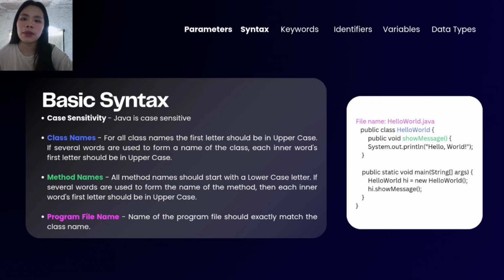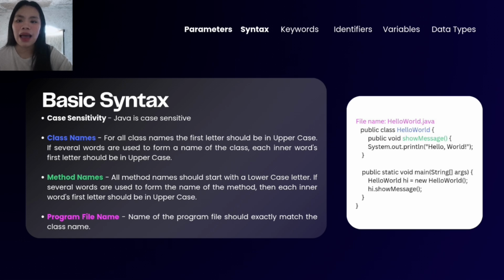So now let's talk about basic syntax. We all know that Java is case sensitive, which means it treats uppercase and lowercase letters differently. So names like HelloWorld with big letters and helloworld with small letters are not the same. Class names should start with an uppercase letter, and if they contain more than one word, each word's first letter should also be capitalized as shown in the example.